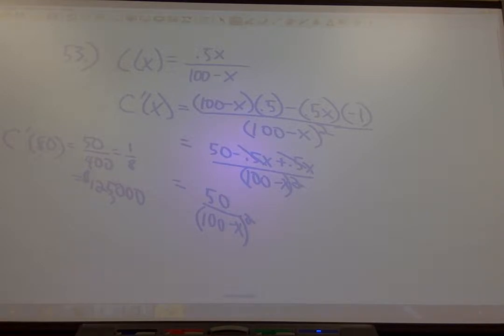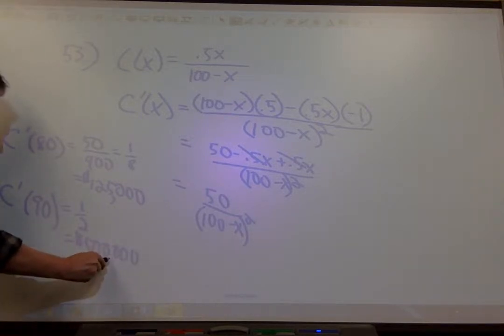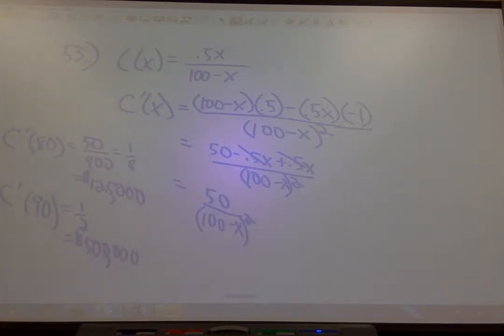If we put in 90 next, well, that's not too bad. That's just 1/2. Oh, but that is bad, because that's going to be $500,000. So you see what's going on there: the closer you get to 100%, the more expensive it is for the next percent to be removed.